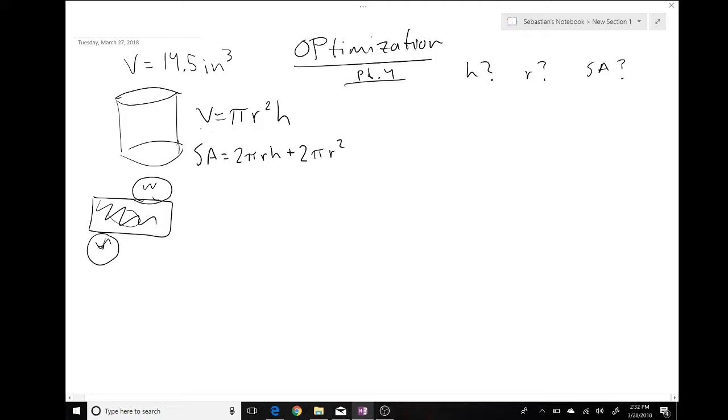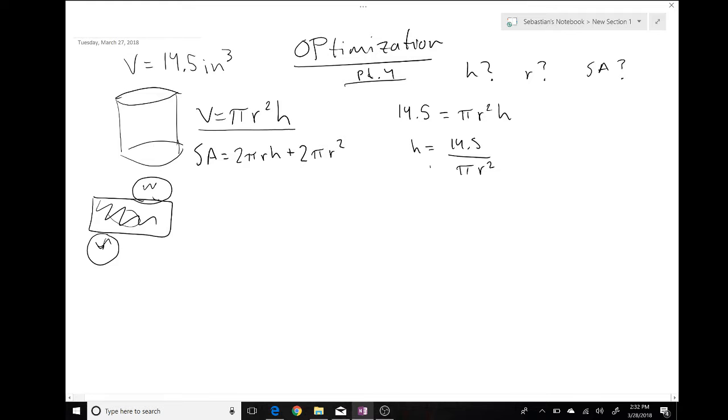Okay, next is getting this equation into terms of height to plug into the second equation. So first we would do that by plugging in what we have into pi r squared times height, and sending this to the other side, leaving us with 14.5 over pi r squared.